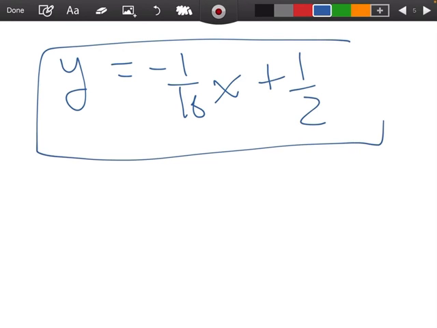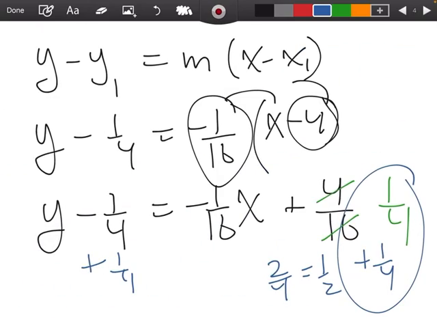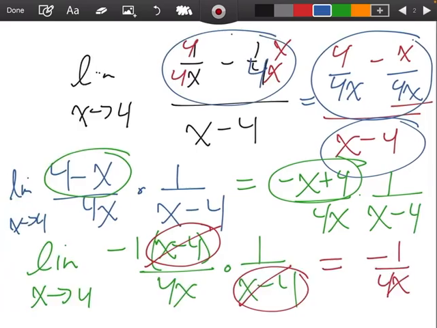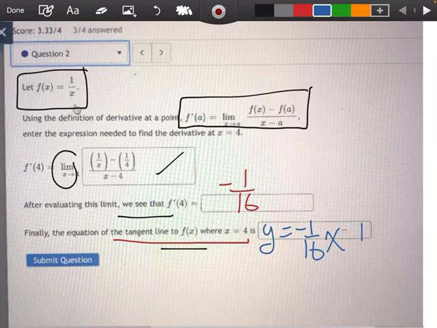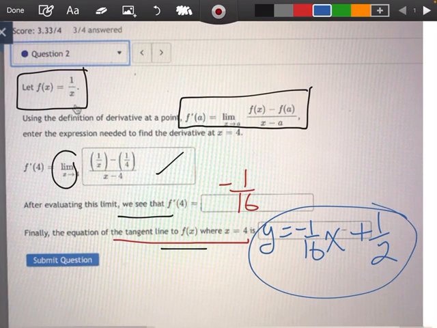Okay, so that right there, y'all, is the equation of my tangent line at x equals 4. So that right there is what I'm going to put back on slide 1. Right here, we're going to say y equals negative 1 over 16x plus 1 over 2. Okay? And we found our tangent line, and we found the slope of our tangent line. If y'all got any questions, let me know.